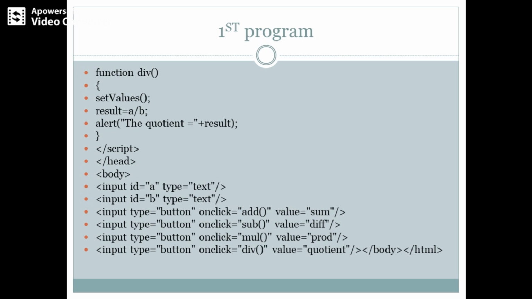And next you need to have buttons associated with all the functionalities, that is add, subtract, multiplication and division. The first button value that is created is sum, the name given to the second button is difference, the third button will have the name product, fourth will have quotient.